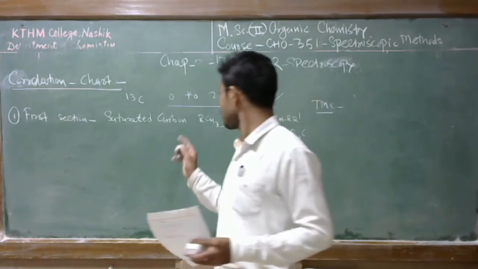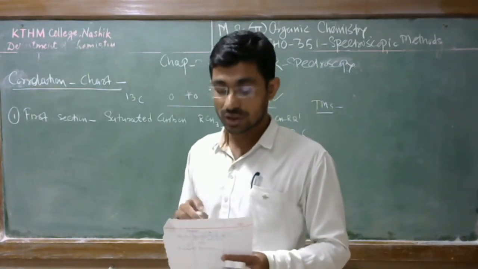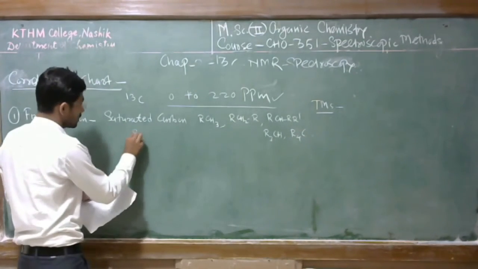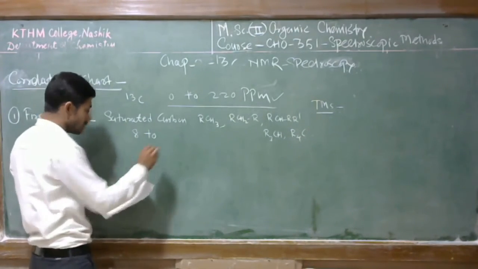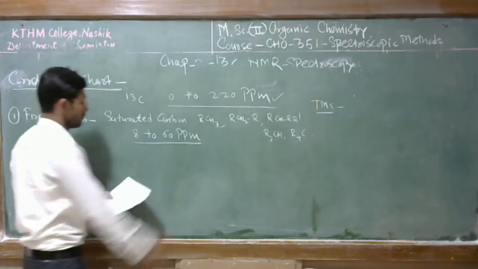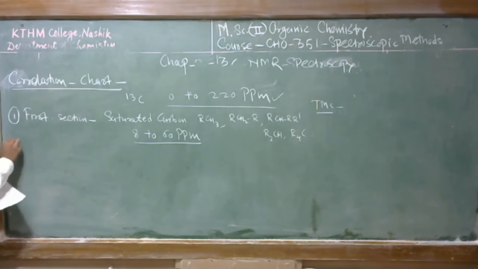This is called the saturated carbon atom section. In this section, we observe chemical shift values nearest to TMS, that is 8 to 16 ppm. This is the first section of the correlation chart.